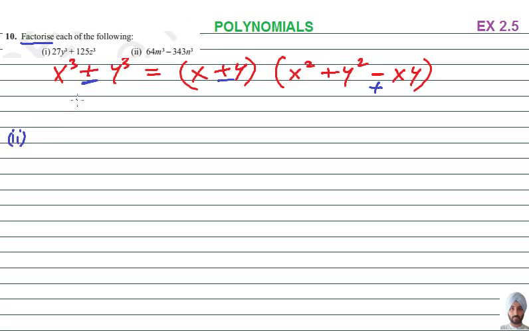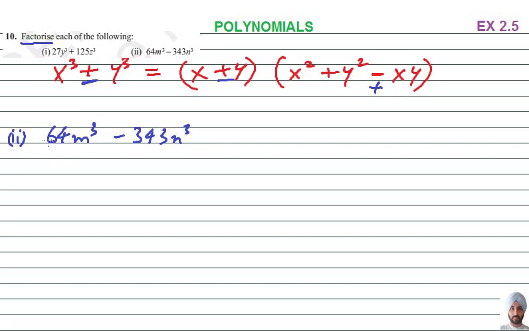As usual, you will be doing the first part by yourself. So 64m cube minus 343n cube. First things first, m cube is the cube of m, but 64 is not included in that cube.